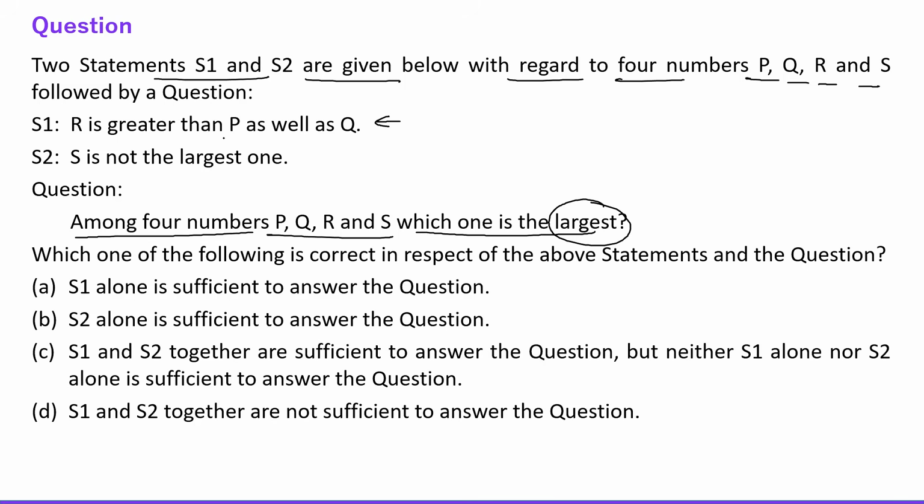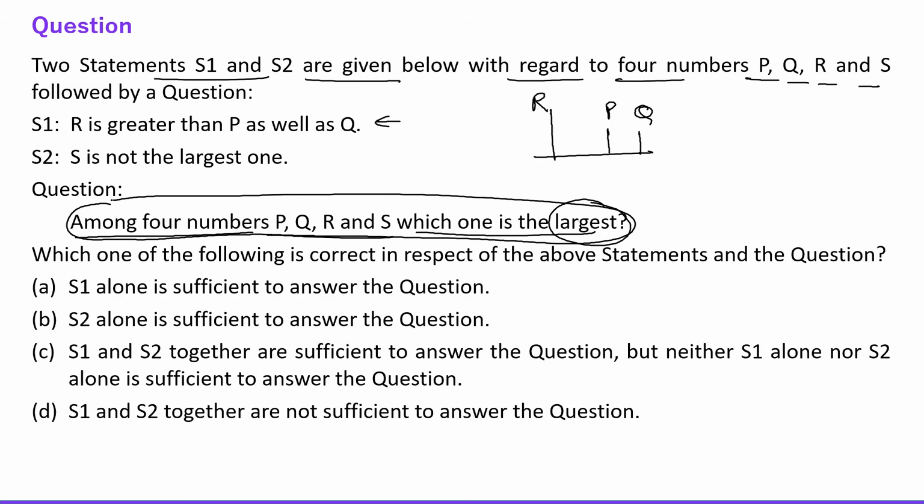R is greater than P as well as Q. Between P and Q, we don't know what is the comparison. So from statement number 1 alone, we can't say which is the largest, because there is no information about S and no information about P and Q also.